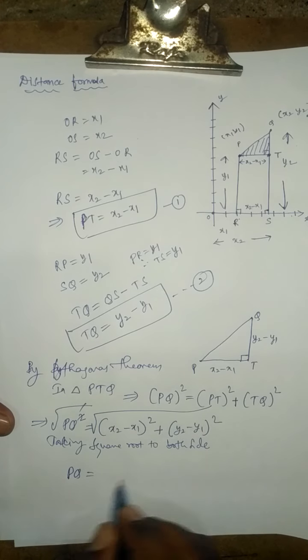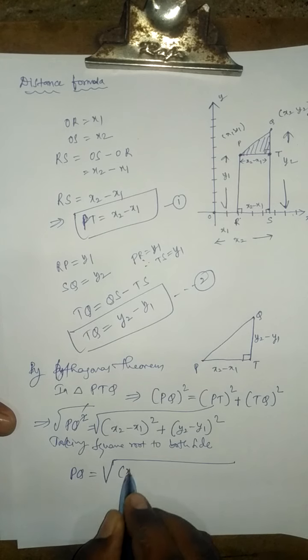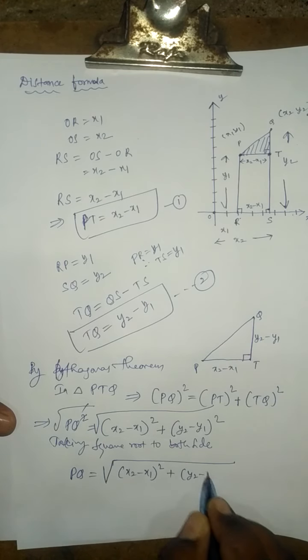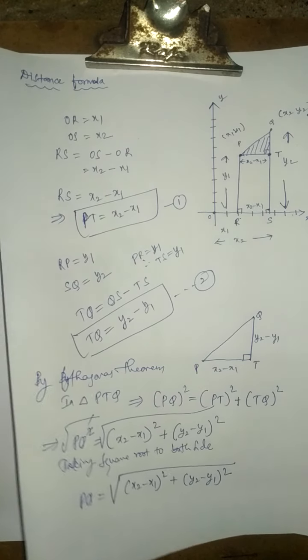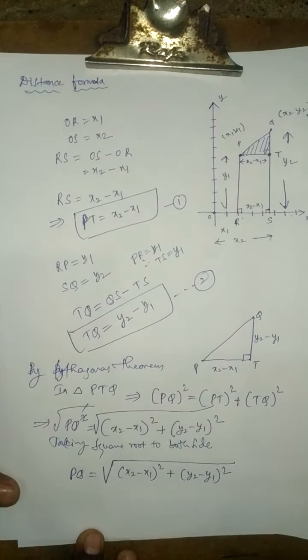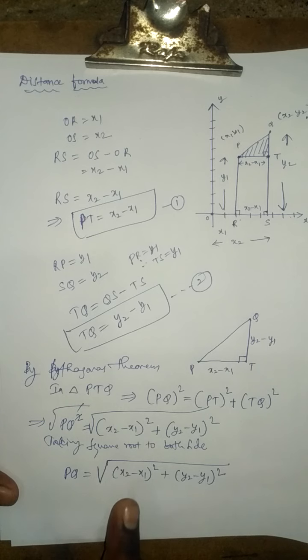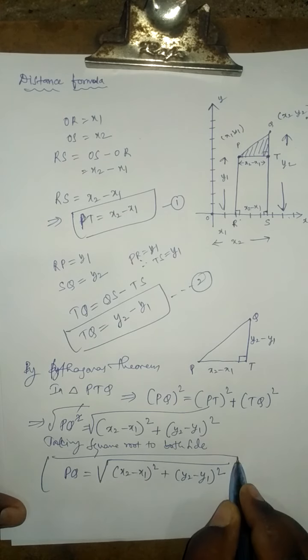So PQ, that is equal to under root x2 minus x1 whole square plus y2 minus y1 whole square. This is called finding the distance between given two coordinates. If x1 y1 and x2 y2 are the coordinates of any 2 points, then to find out the distance between them, we are going to use this formula.